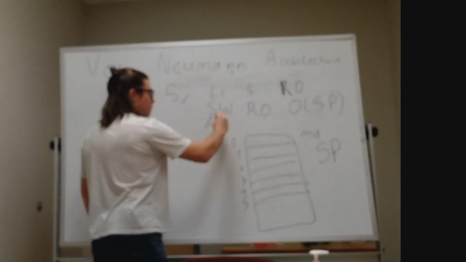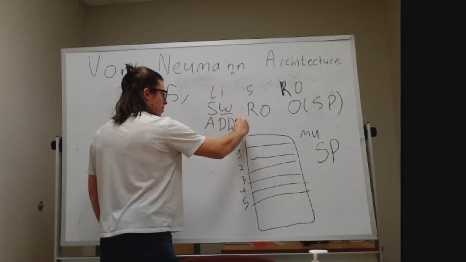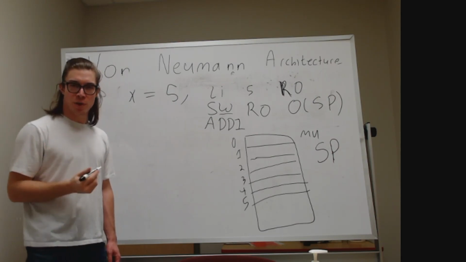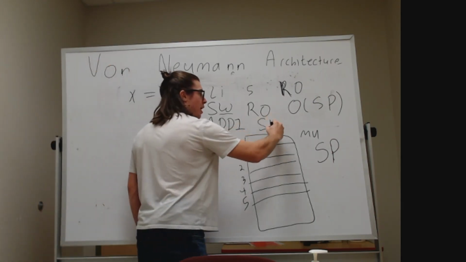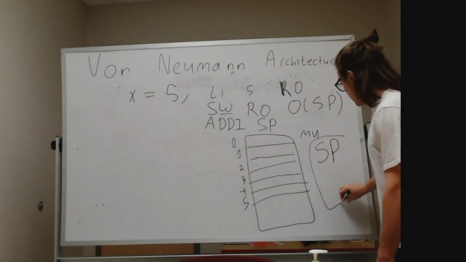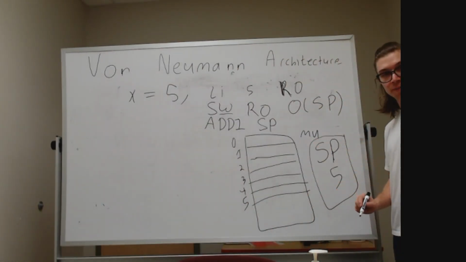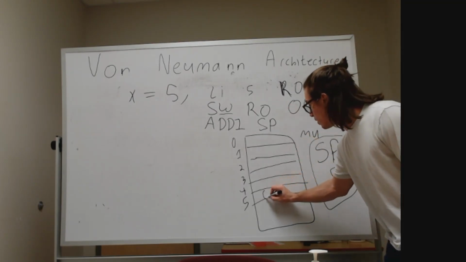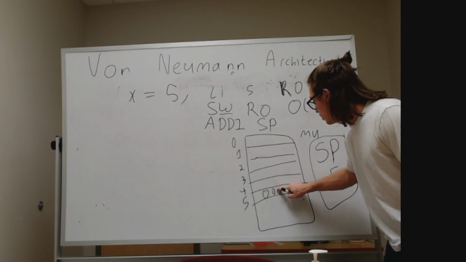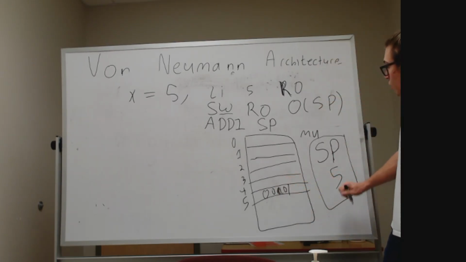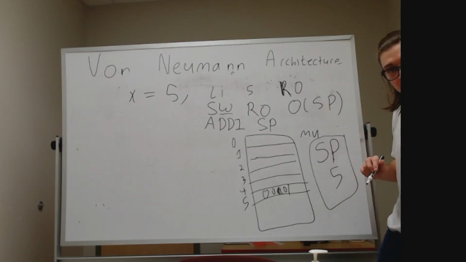So I'm going to give us a simple instruction, add 1, that adds 1 to a register. We're going to say add 1 SP. If our stack pointer register previously stored the number 5, which is the 5th word in our program, and we stored the number 5 there, 0 0 1 0 1, we don't want the next save of a number to overwrite that 5 that we just stored.